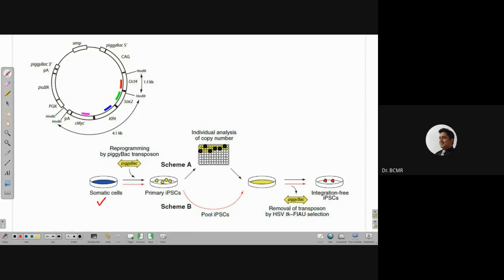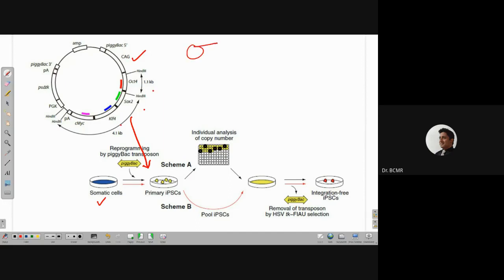You take somatic cells, you give in the vector with the piggyBac transposon, and because of the expression from the promoter, you will have the production of all the 4.